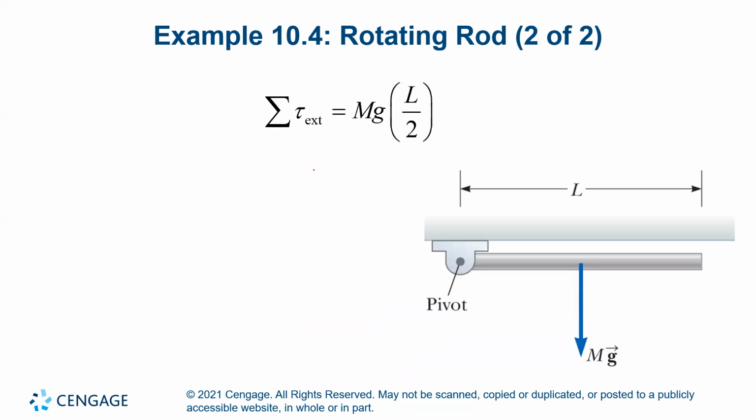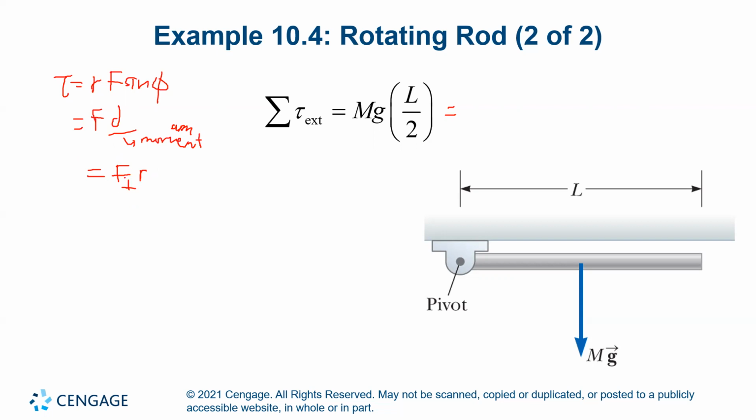So, there's only one force producing torque, and that's the force of gravity. And if you remember the formula, torque is rF sine theta, or it's Fd. Remember, d here is the moment arm, but there's another formula: F perpendicular times r.